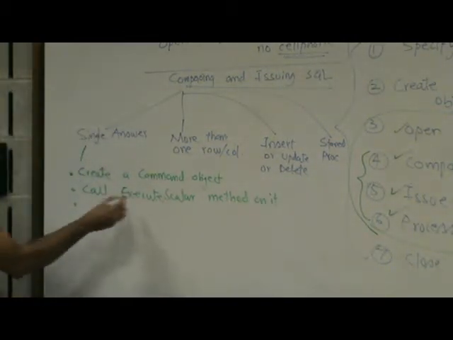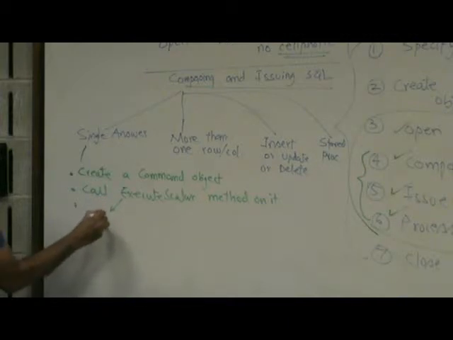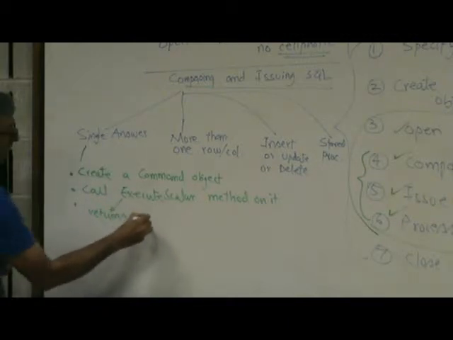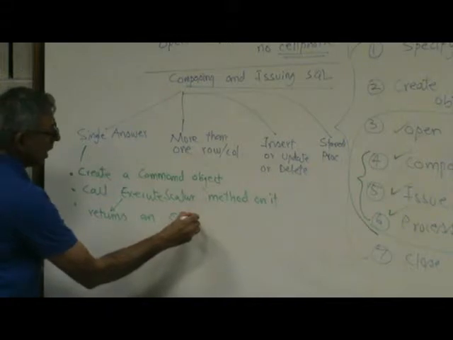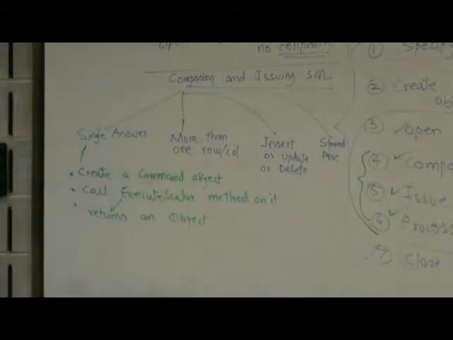And this returns an object, which is the base class. And then by using object.toString or typecasting it to whatever data type you have, you can get your answer, whatever single answer you were trying to obtain, right?